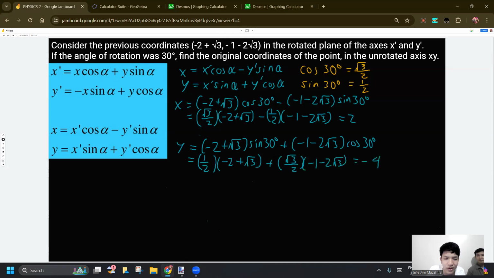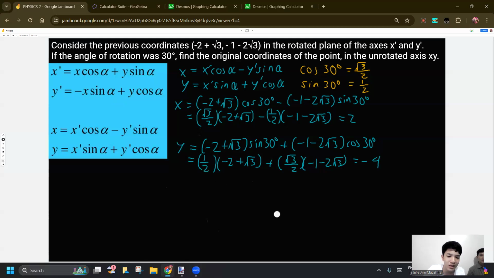So that's just -4. But I would like to point out there's an alternative way of solving it without using this formula, although technically it's the same formula. We are going to use the formula on the top, but instead we will input the negative angle, -30 degrees. Geometrically, you still rotate it, but in the opposite direction.